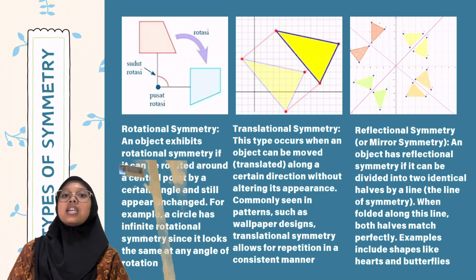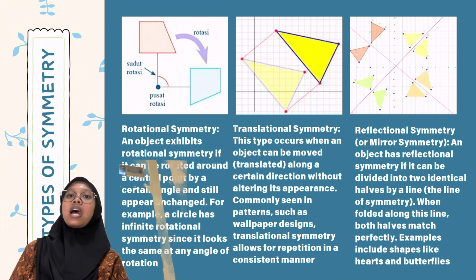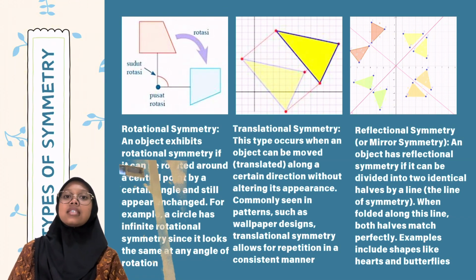An object exhibits rotational symmetry if it can be rotated around a central point by a certain angle and still appear unchanged. For example, a circle has infinite rotational symmetry since it looks the same at any angle of rotation.